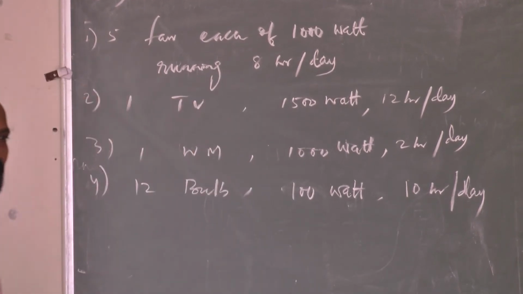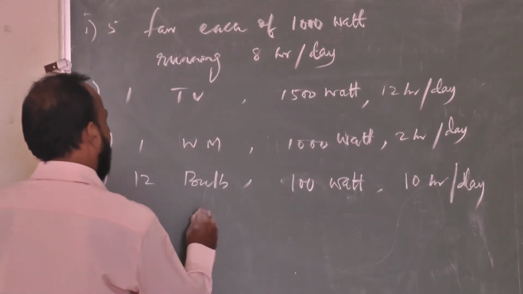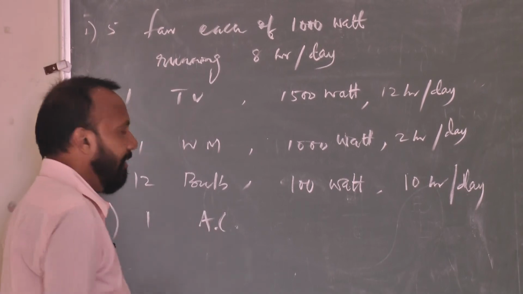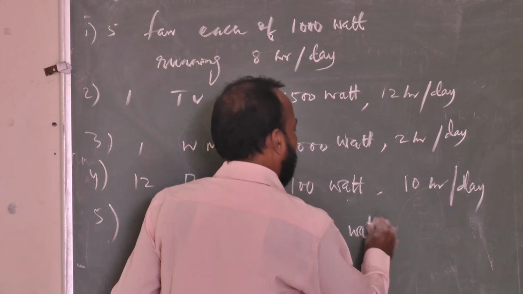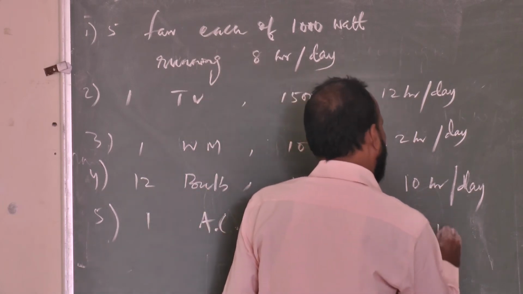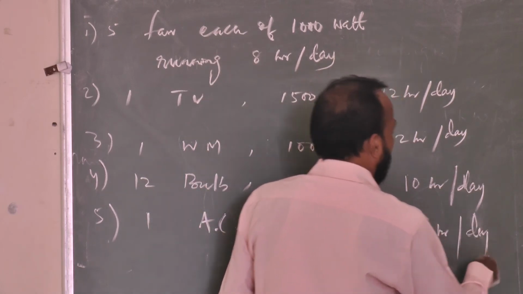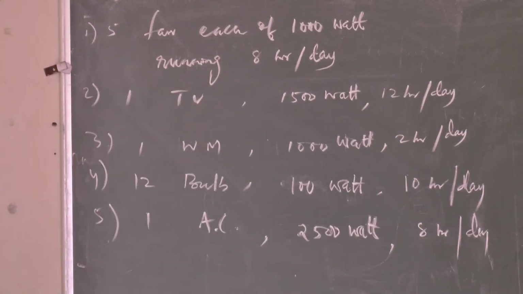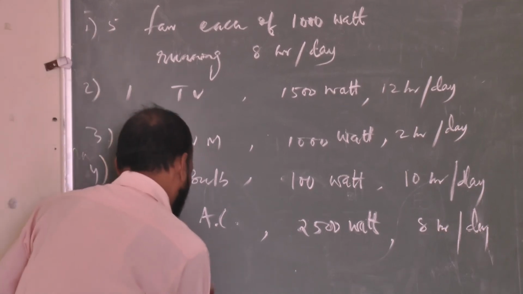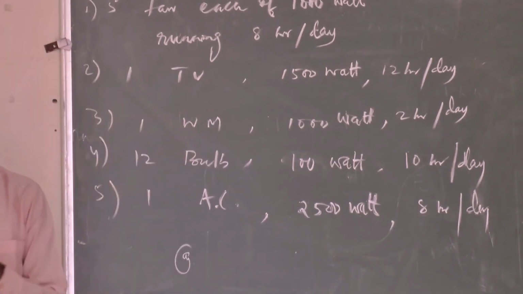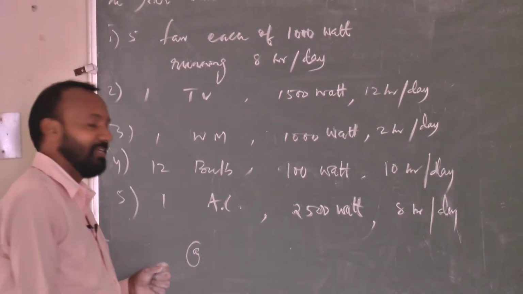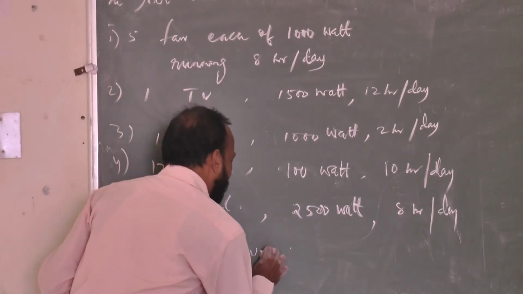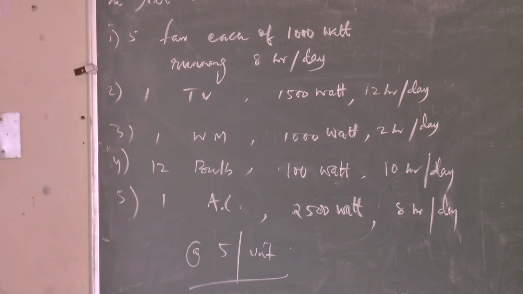Or one AC, air conditioner, suppose 2500 watt, 8 hours per day, and so many things are there. And suppose the cost of the unit is 5 rupees per unit. So what is the monthly bill you have to pay?